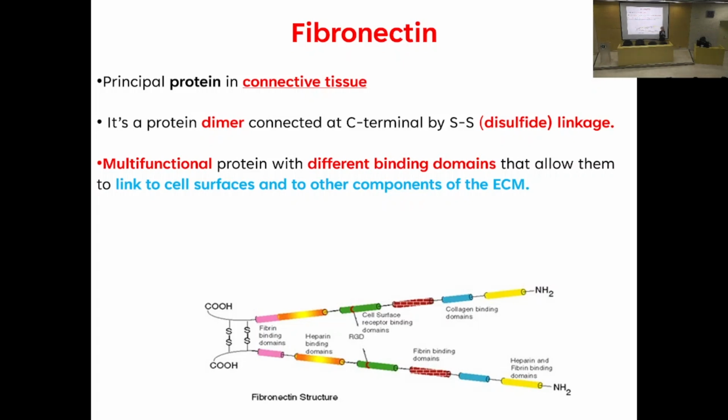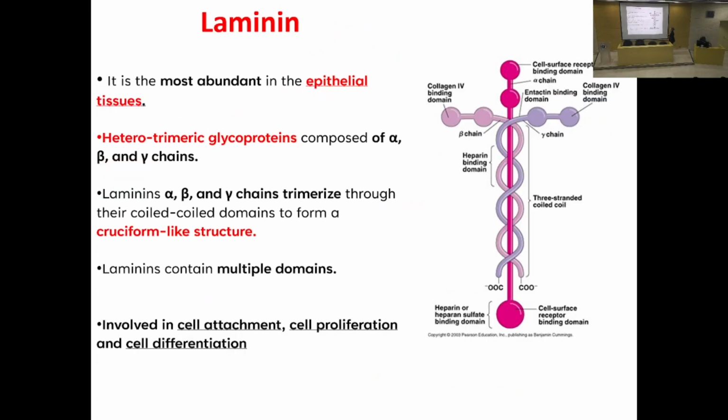So, as the fibronectin has multiple domains, it becomes a multifunctional protein, because each domain has a function. Okay? Clear? Did you understand what multifunctional means? Did you understand what a domain is? Sure? Very well. All right.